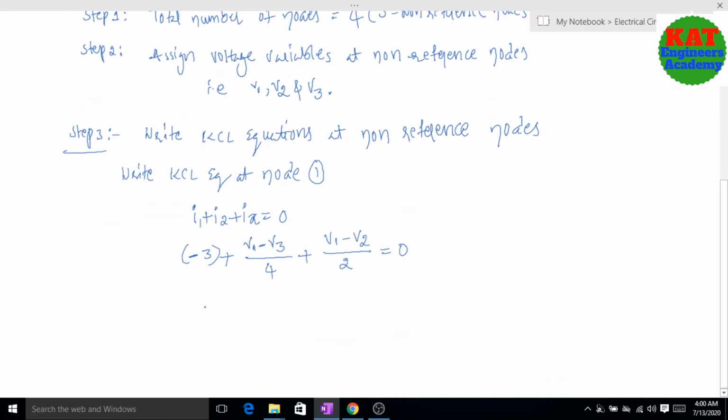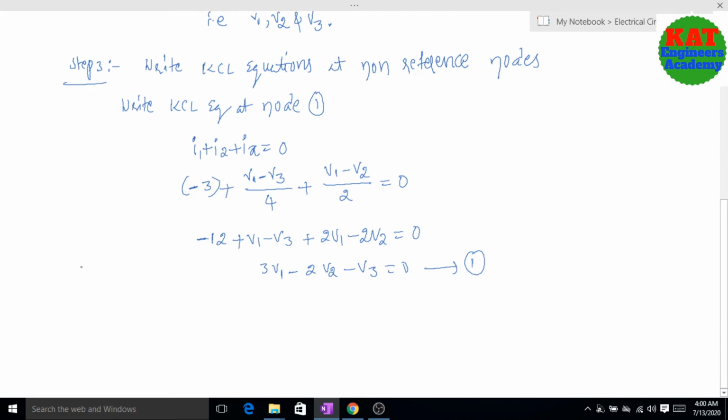The LCM is 4, so we get minus 12, then V1 minus V3 plus 2V1 minus 2V2 equals 0. So 3V1 minus 2V2 minus V3 equals 0. Now this is the KCL equation at the first node, which you consider as equation number 1. Okay, so the first node is over.